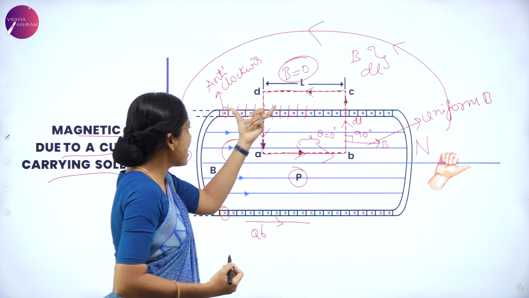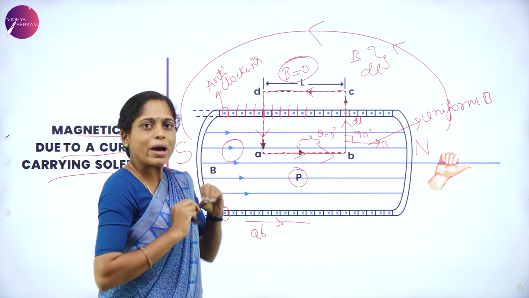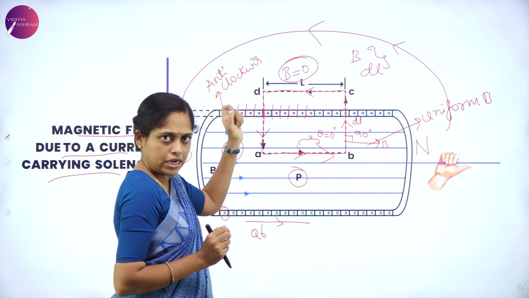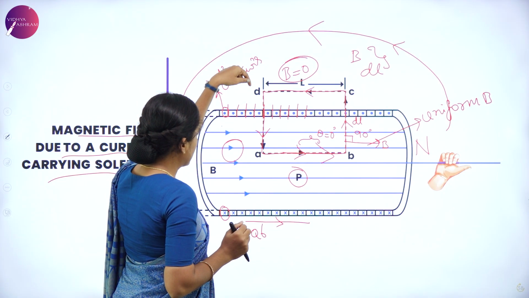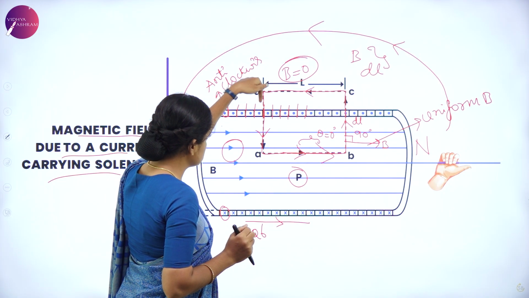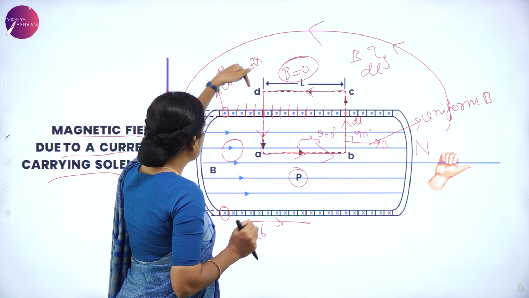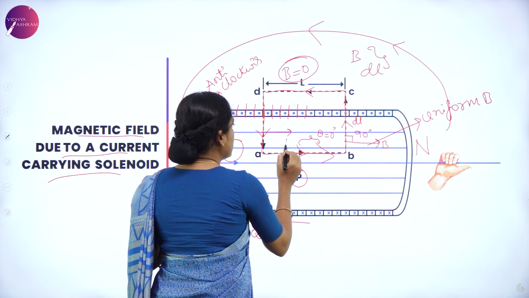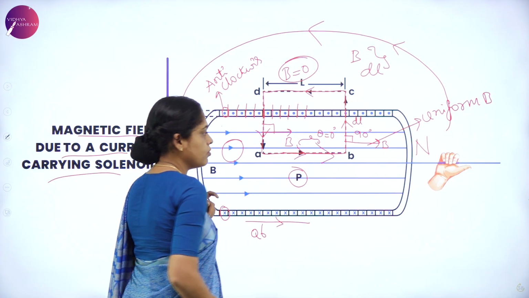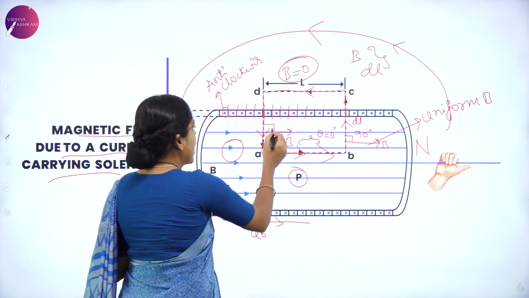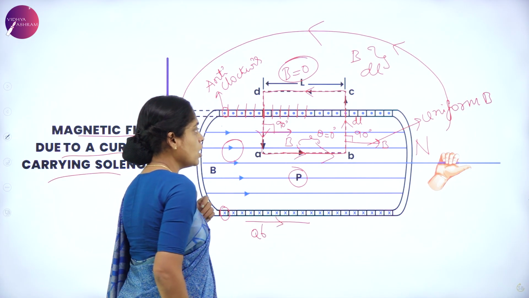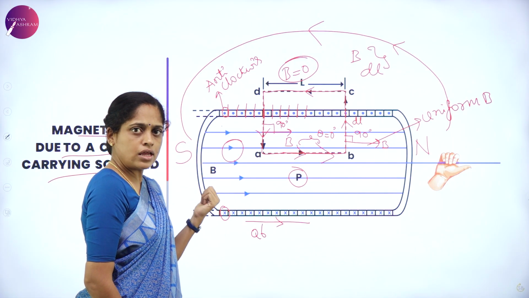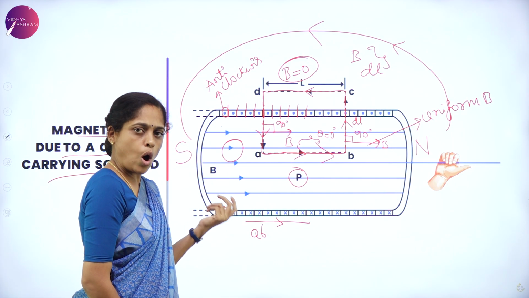Therefore, due to CD, there is no contribution. The last side is DA, in which the direction of dl is downwards, from D to A, and the magnetic field is perpendicular to this. So the angle between dl and B is 90 degrees. So keeping these angles, let us apply Ampere's circuital law.